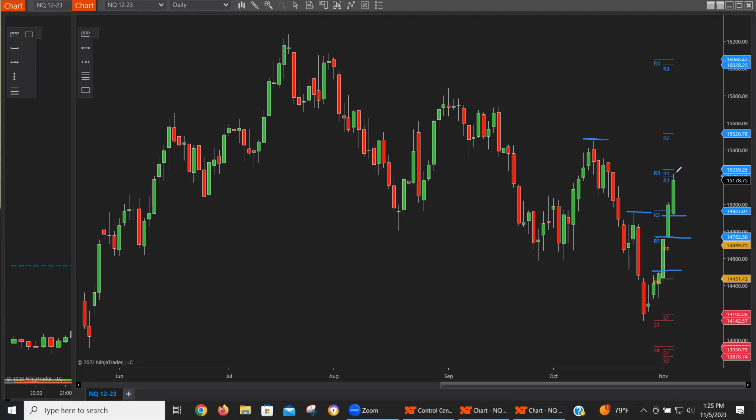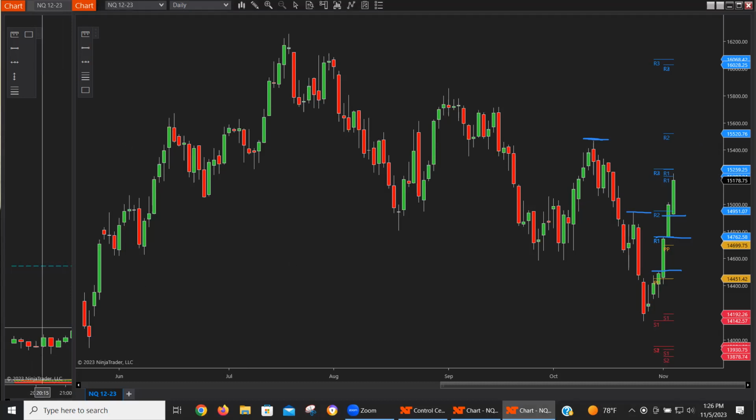Could say, you know what, let me go clear these imbalances first. Could come get that, leave that one down there. Could say, let me go get that, come up and get this liquidity, then come all the way back down here and get this liquidity, and then go all the way back up here to get this liquidity.